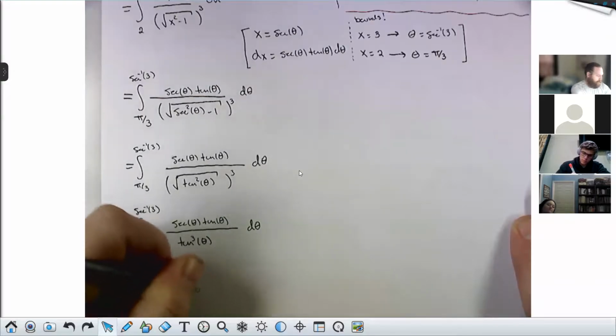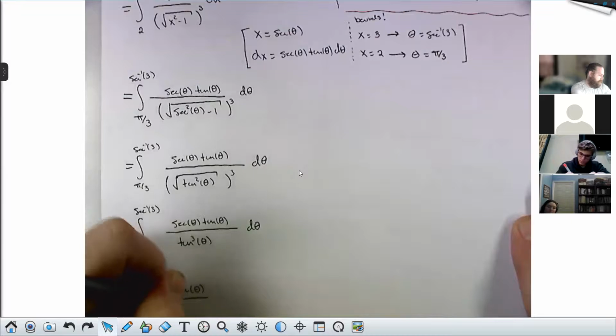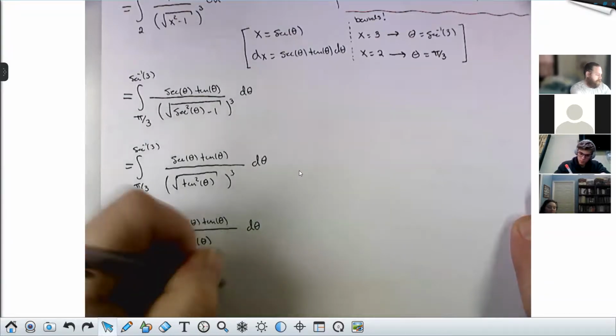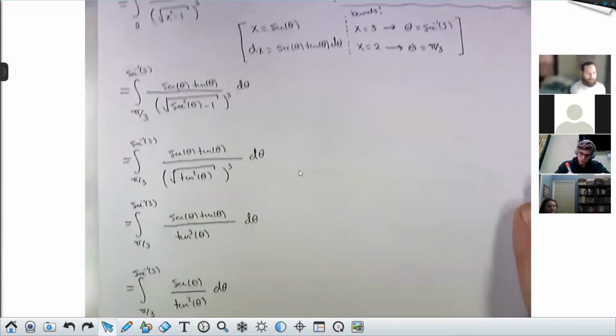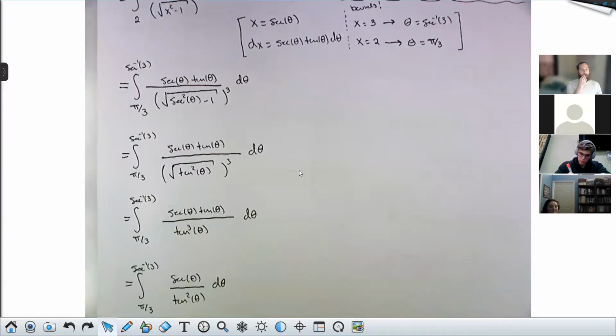And I'm left with secant of theta divided by tan squared theta d theta. And now I ask you, how do I integrate secant over tangent squared? Any suggestions?